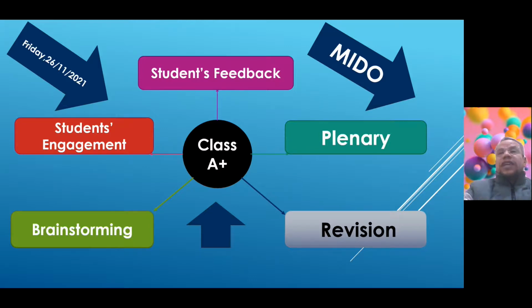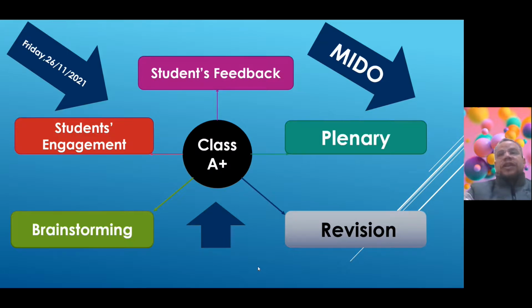How to get an A plus class, that will help you here: just 5 techniques and strategies. One is for the plenary, how to end the class. One strategy for student engagement, one strategy for brainstorming, and one strategy if you have a revision for the class or classes before and you want a thorough, complete revision, for example, for midterm or semester.